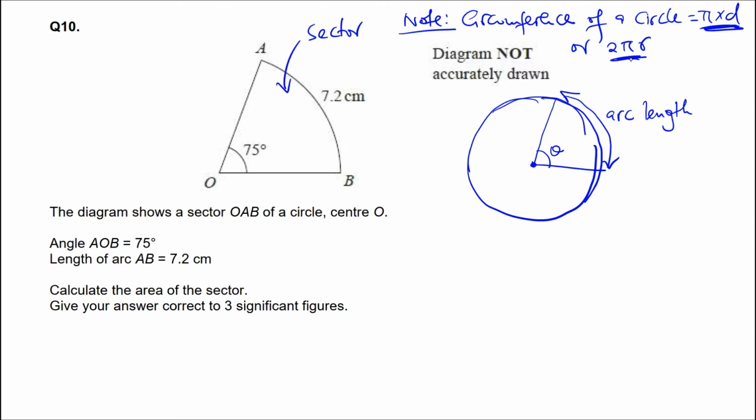So let's just say that's r and that's r. Basically, because the arc length is a fraction of a circle, the fraction is given by this angle. So the arc length will be equal to that angle over 360 multiplied by the circumference of a full circle, which is 2 pi r.